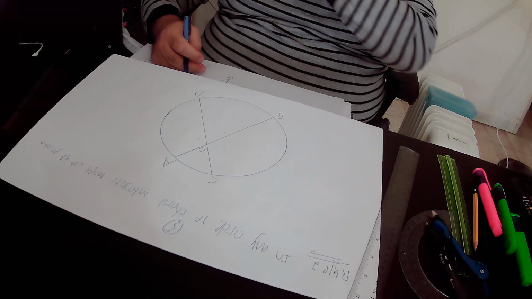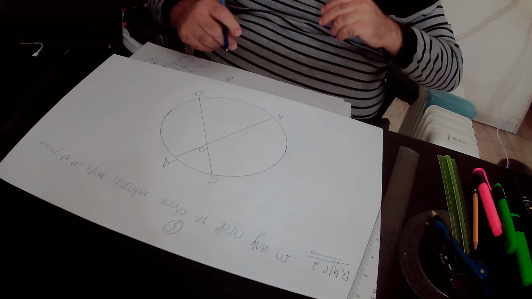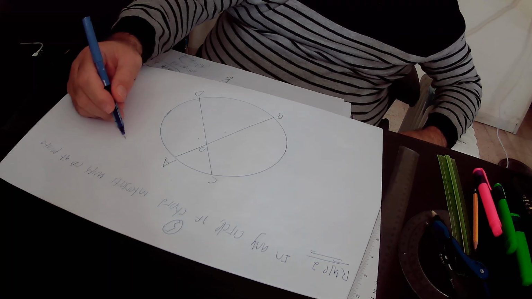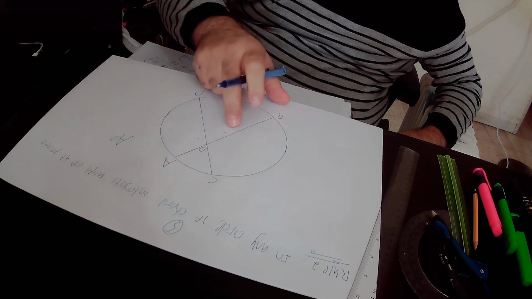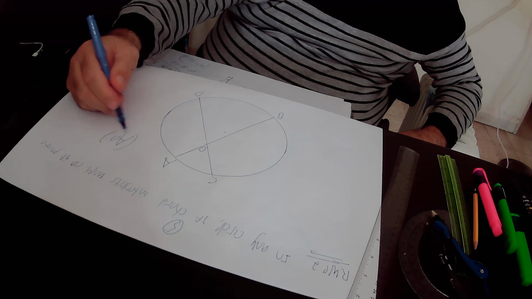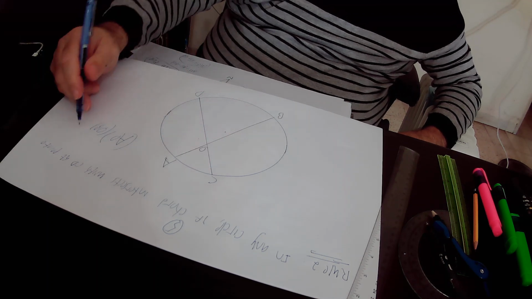So according to rule number 2, the following equation is true: AO times OB equals CO times OD.